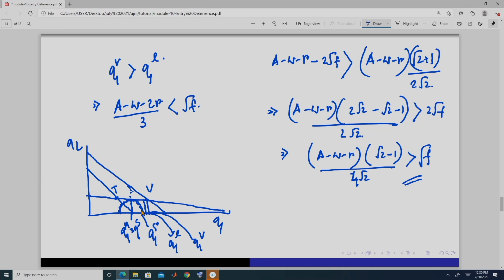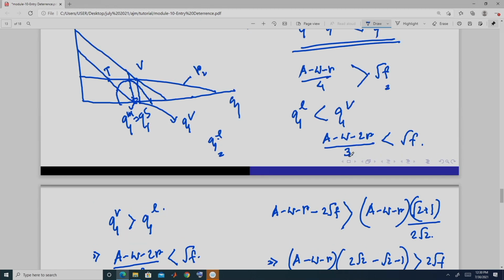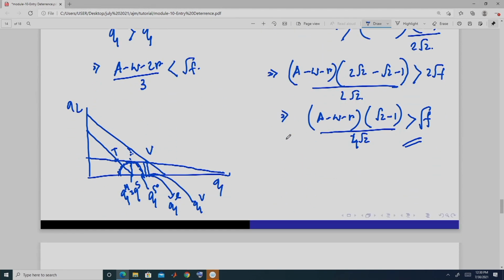Now, it will be at this here. Here we have this is less than, okay, I have made this mistake. So, this point is Q1L. Okay.